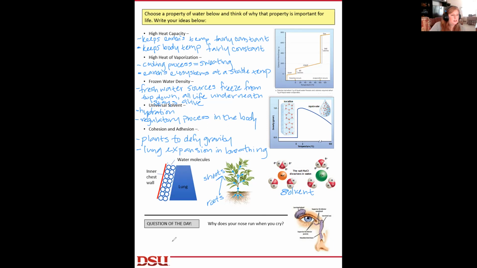It's basically because when you cry, the tear ducts in your eyes pull away the excess tears, the tears that aren't coming out of your eyes, and it drains them back through your nose, down through your nasal cavity, right? And so because of the whole adhesion, cohesion thing, those molecules of water that are part of the tears stick together and drain together out of the nose, making your nose run when you cry.